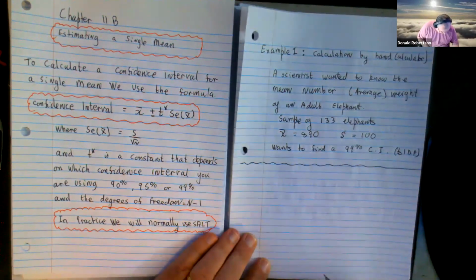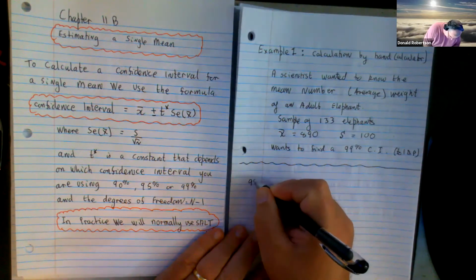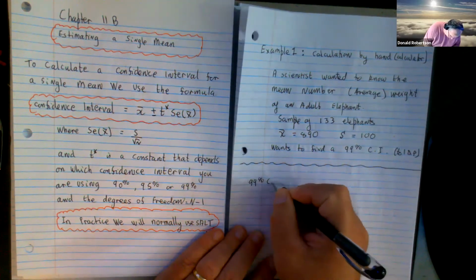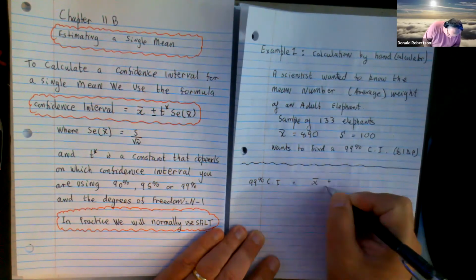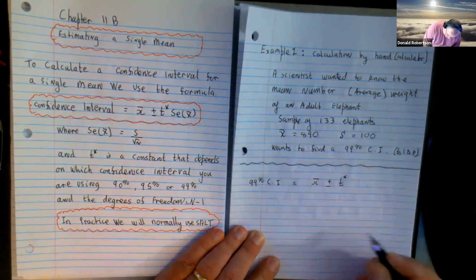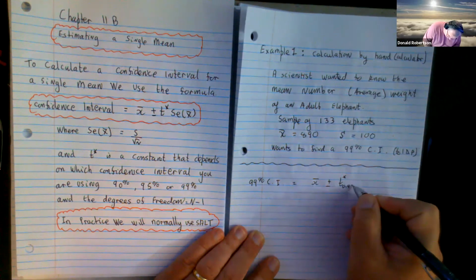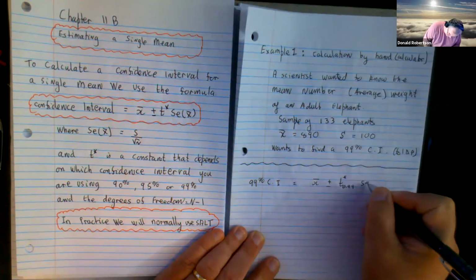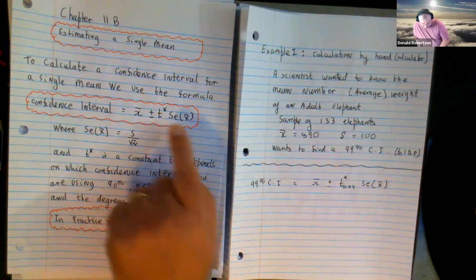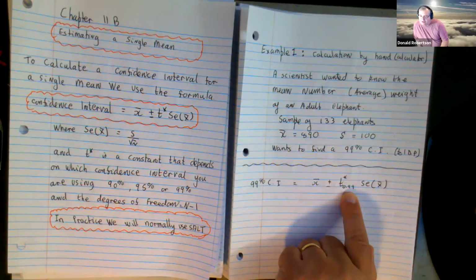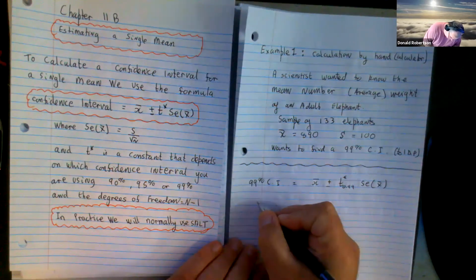So that's the formula I'm going to use. So to get a 99% confidence interval, it's going to be the mean plus or minus that guy. When you know the confidence interval, you sometimes change the notation a little bit. And you write that. So do you see my generic t has now turned into a t 0.995 because it was a 99%. Now I need to find the standard error.